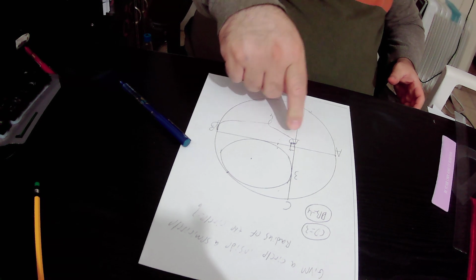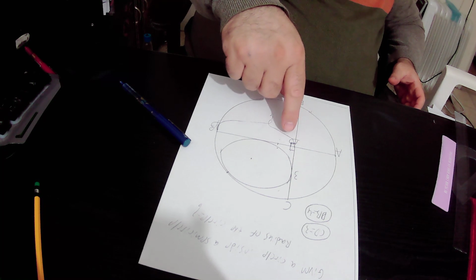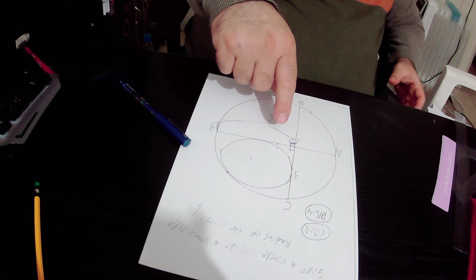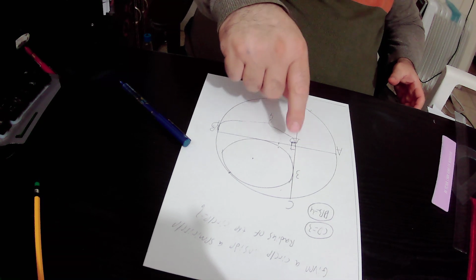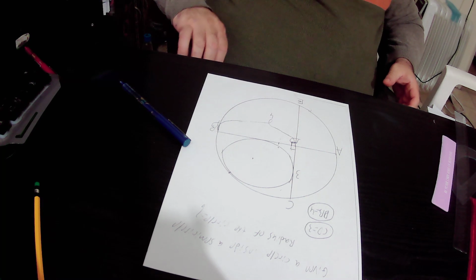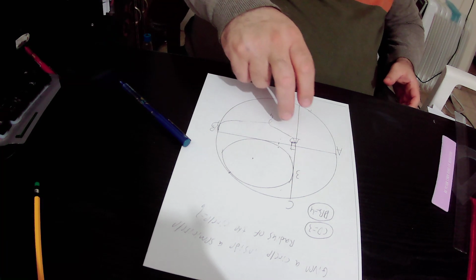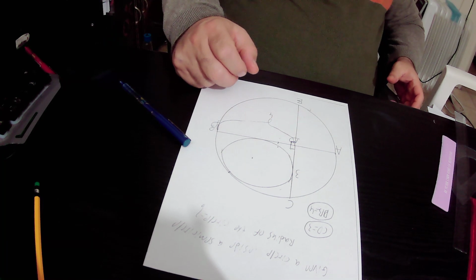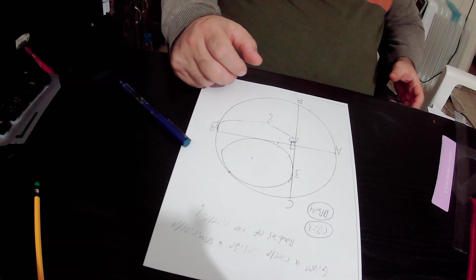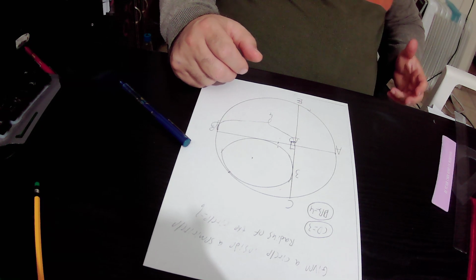That is to say, the lengths of those two line segments are equal to each other because DE is the mirror image of CD. The mirror image is always the same size as the original image, but in the opposite direction.